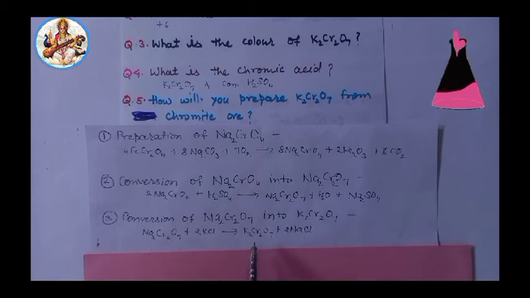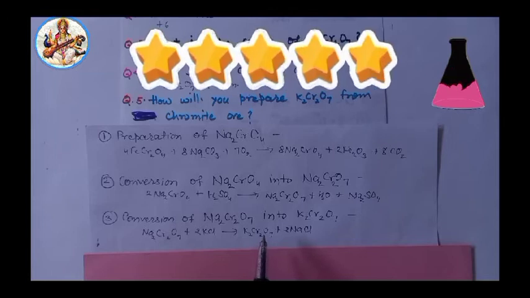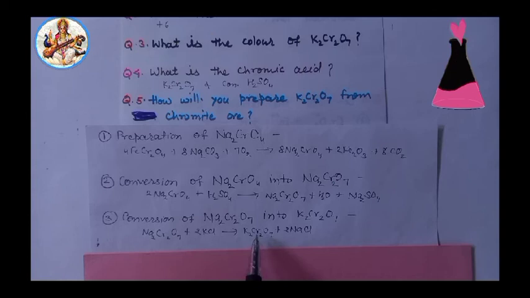On cooling, potassium dichromate crystallizes out in the form of orange crystals. It is fairly soluble in water. NaCl, being least soluble, separates out and is removed by filtration.